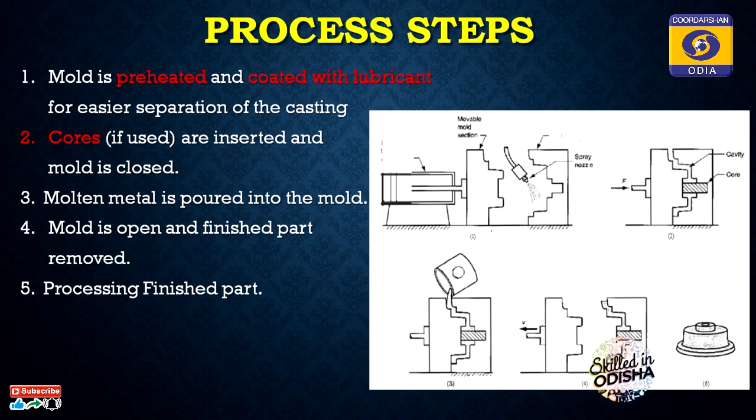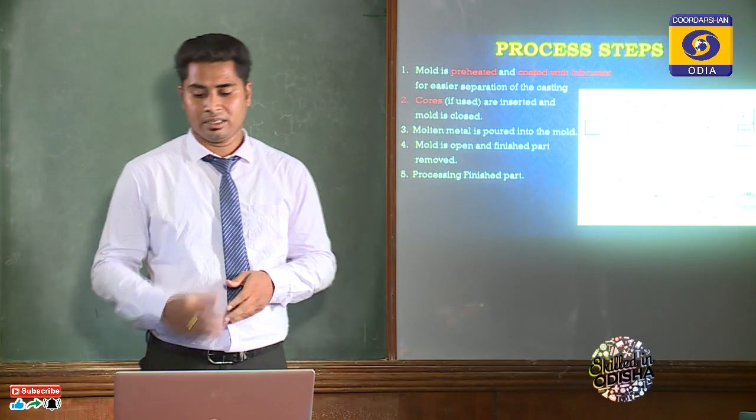After filling, we have to allow it for cooling and solidification. After solidification, we can take out our casting product, and after removal, we have to do fettling operation or finishing operation to get our desired product. Okay, understood?